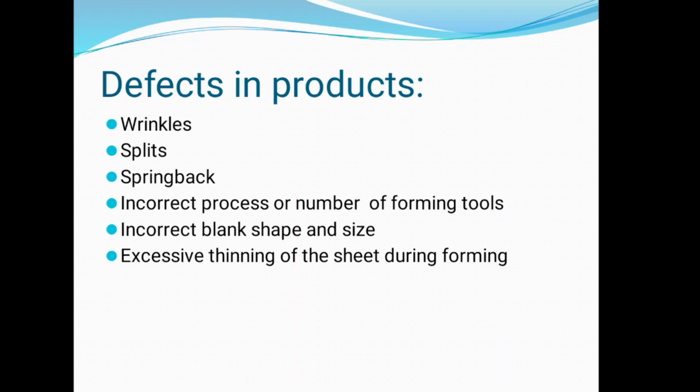Then defects in the products. What are the defects? Wrinkles, which are a small defect. Splits, which means the worksheets split apart. Then springback, incorrect process or number of forming tools, incorrect blank shape and size, and excessive thinning of the sheet during forming.